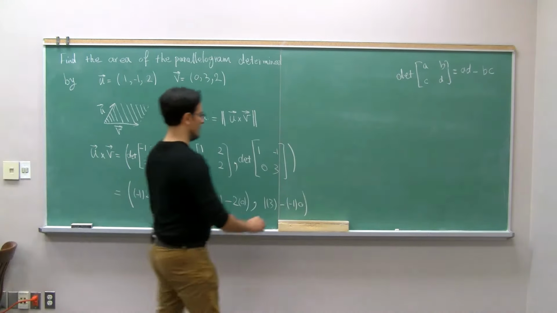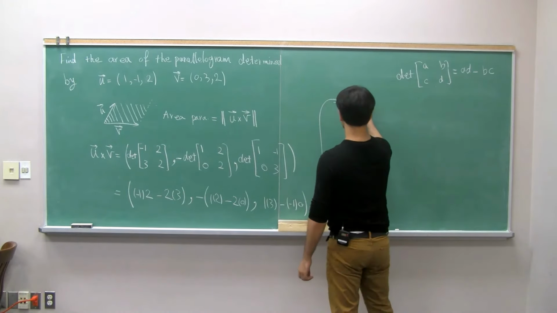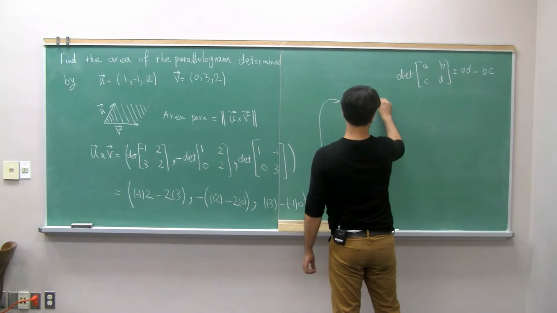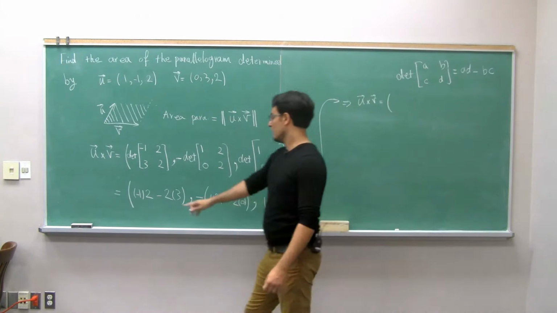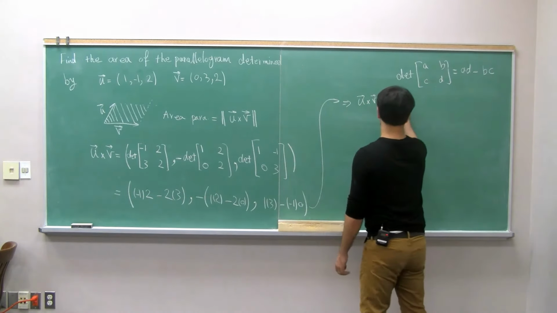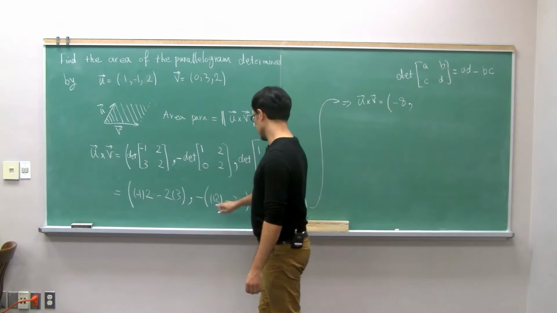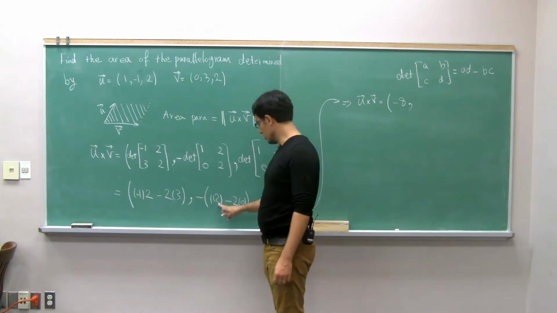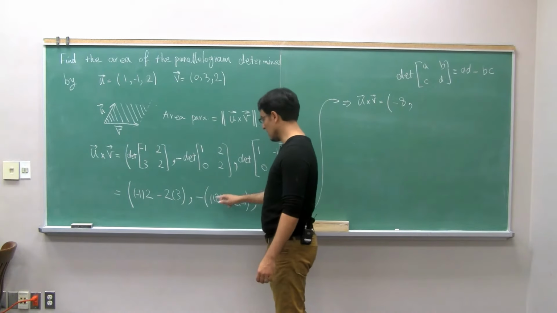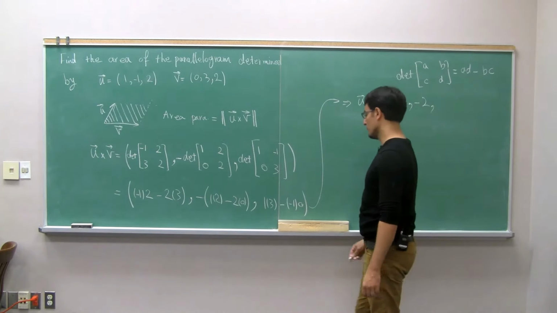Okay, now I found the cross product. U cross V is this vector. -1 times 2 is -2, minus 6 gives me -8. Then 1 times 2 is 2 minus 0, so it's 2, multiplied by a negative sign. This is -2.